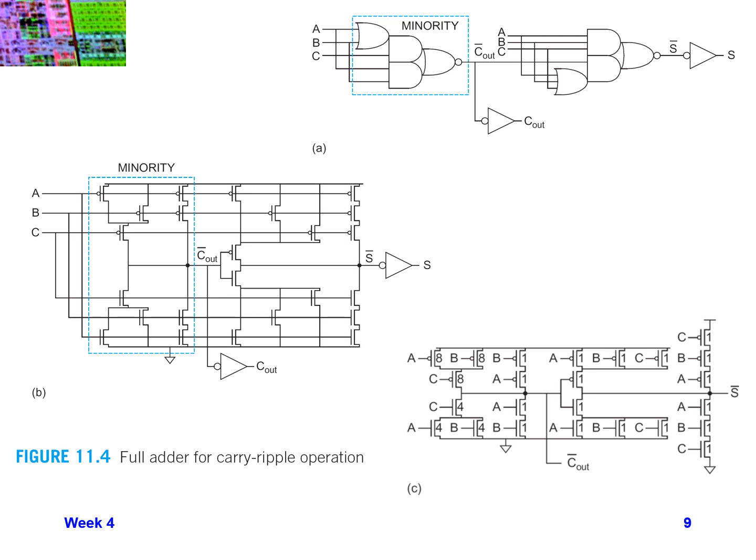And since we don't really care about the speed of the sum out, we can make all of the devices relative to calculating the sum out a size 1. That way it minimizes our layout and maximizes our speed of carry in to carry out. So this is kind of an interesting way to do the design.